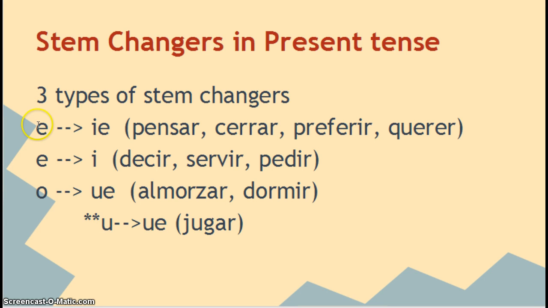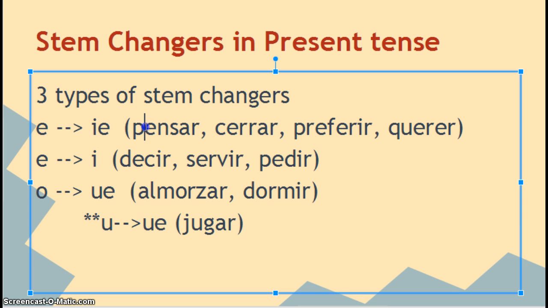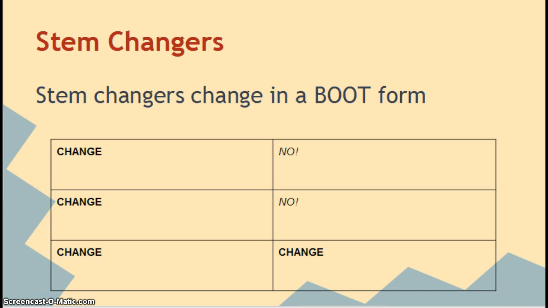So the way that they change is whatever vowel it is that changes, you're going to find it. So pensar, it's going to be the E. And when you start conjugating, this E is going to change into an IE in the shape of a boot. Okay, we call them boot verbs because they only change in this boot shape.